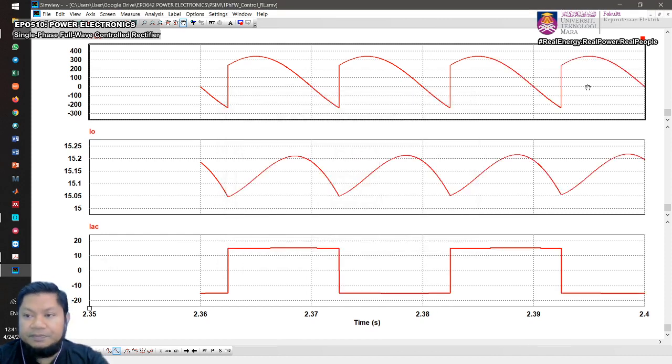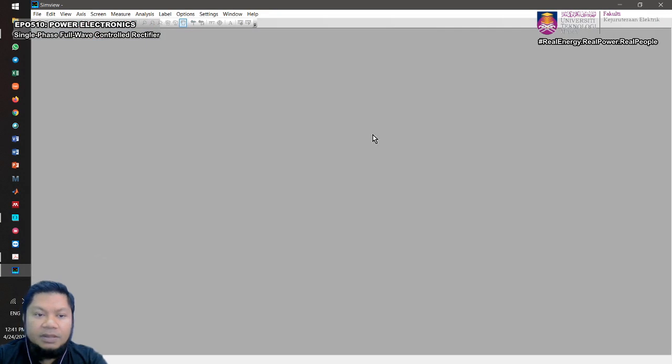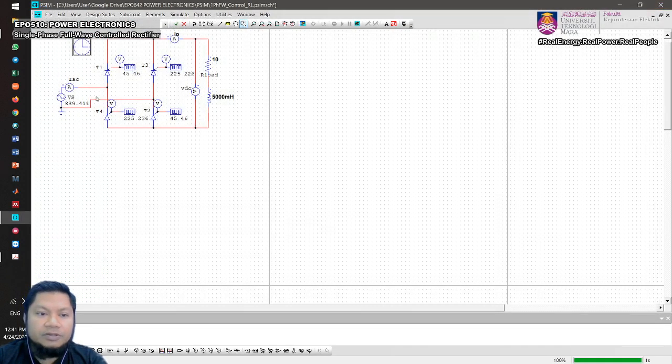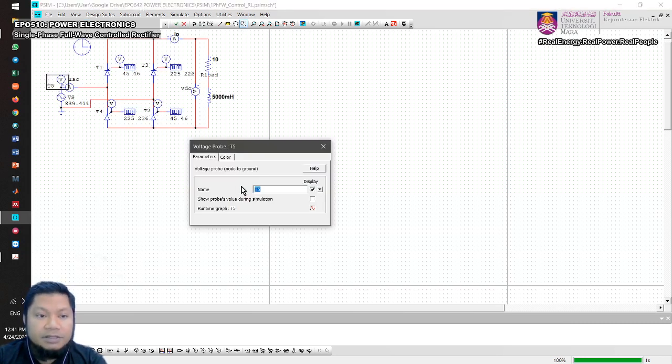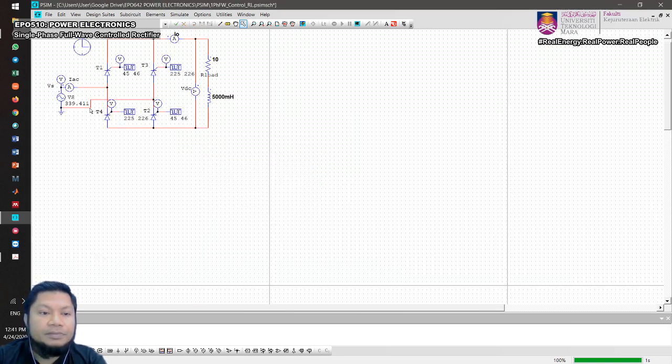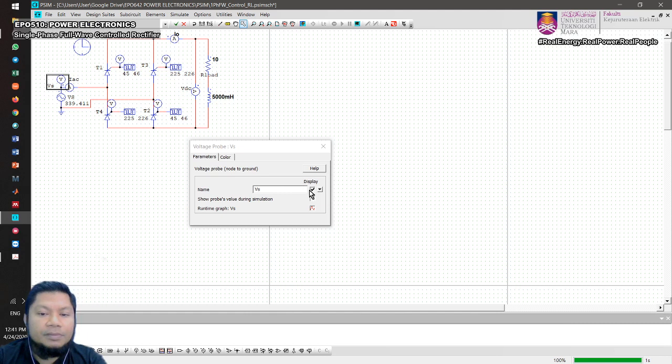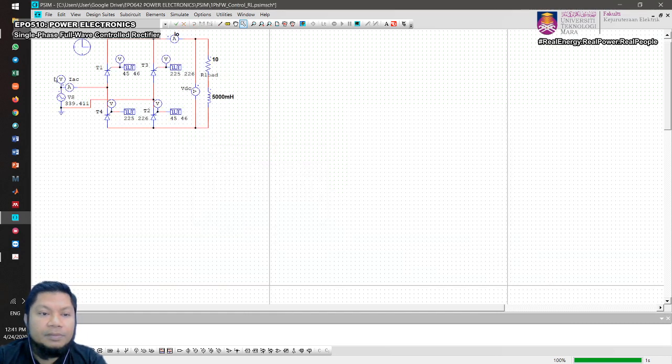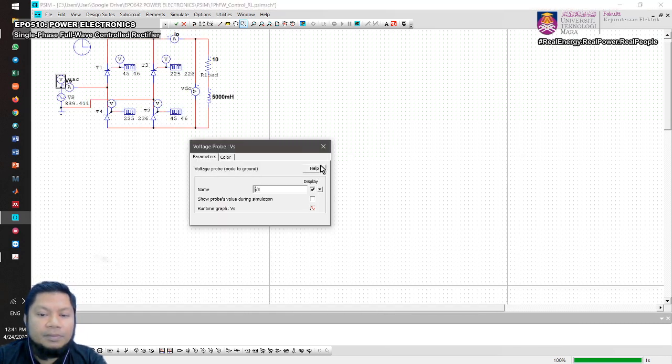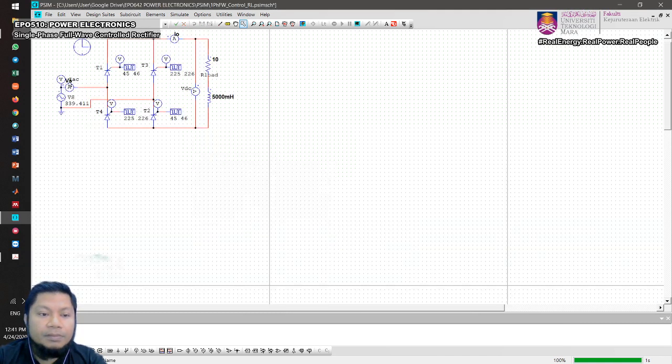Okay, so I'm going to add another supply voltage here. Double click that. So this is my VS supply voltage. Okay, this is the probe for supply voltage.